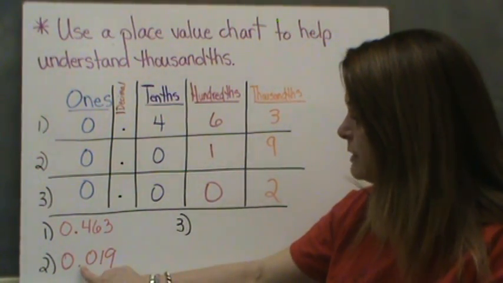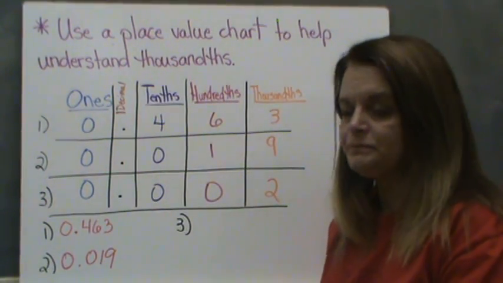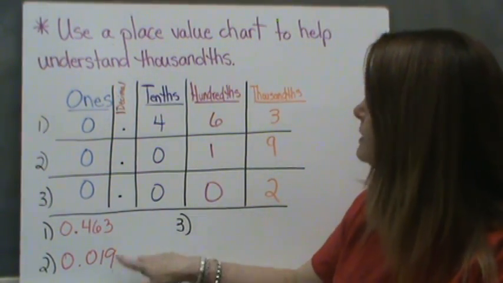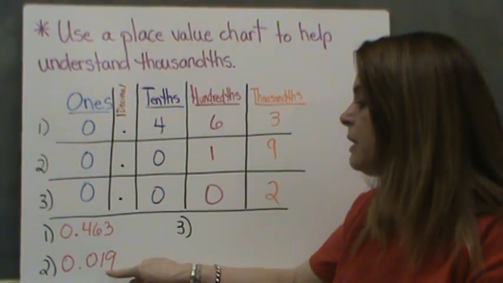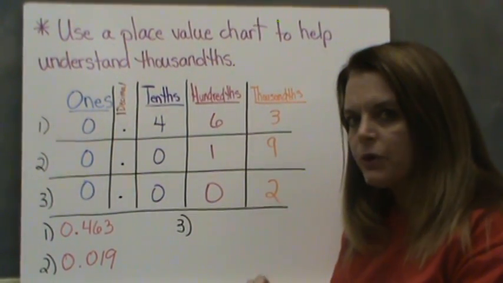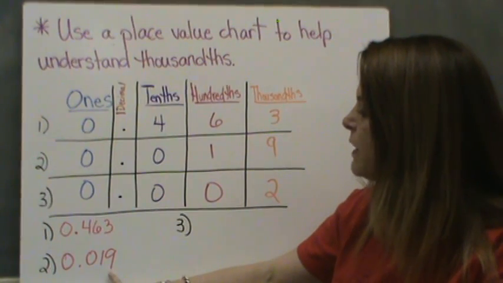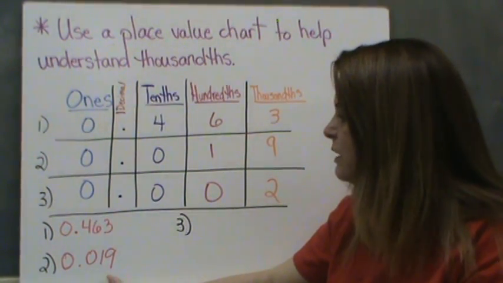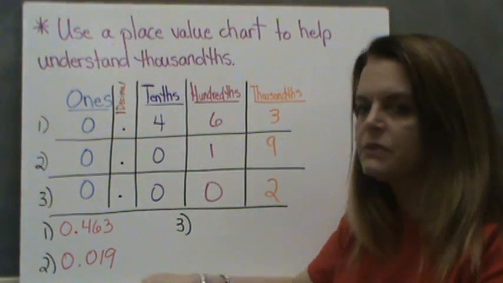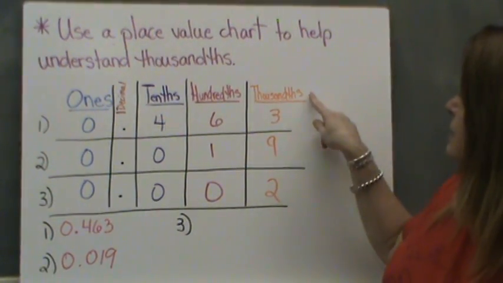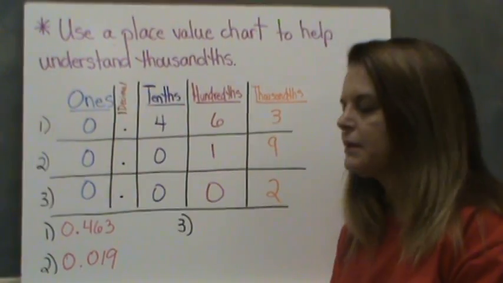Well, this number is 19. And the 9 is in the thousandths place. So when I'm naming this number, the last word I say is the place value of the last digit. So I'm going to read this as 19 thousandths, because my 9 is in the thousandths place.